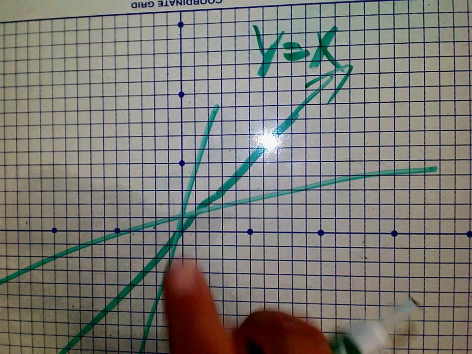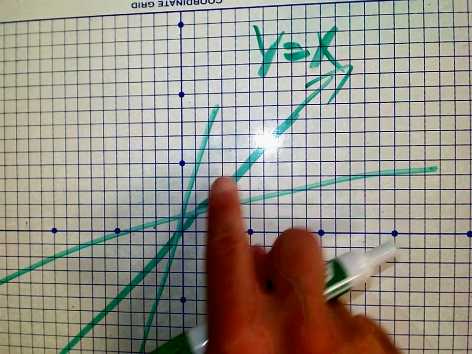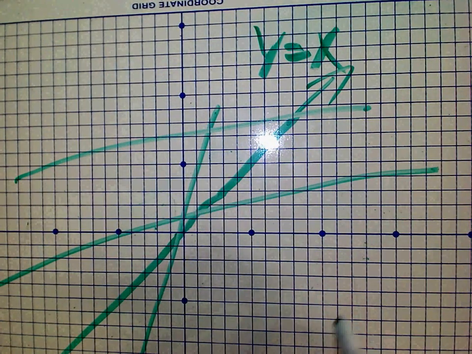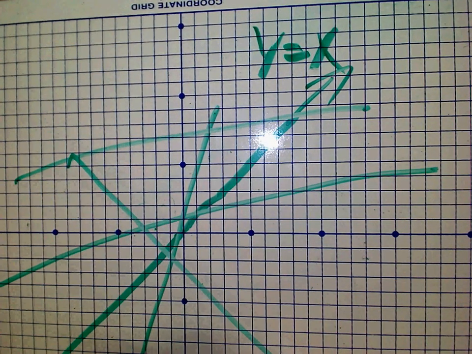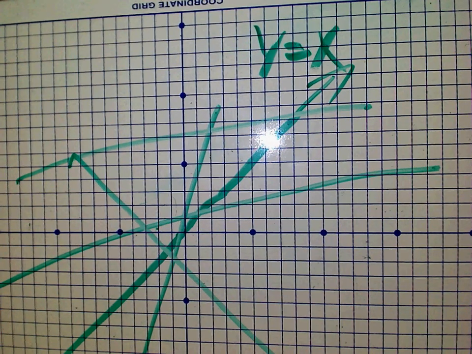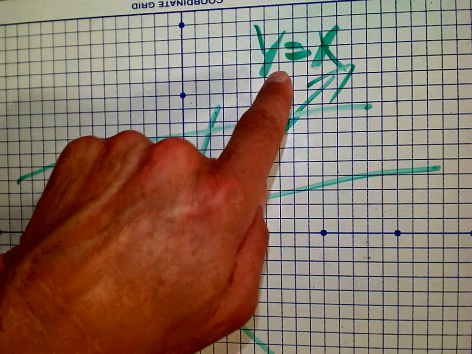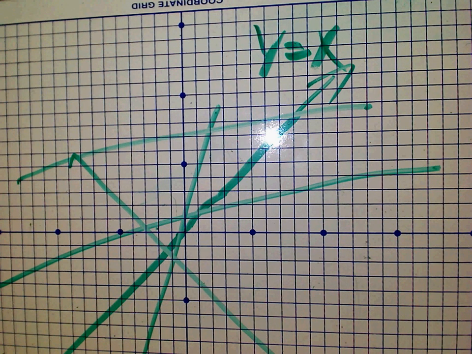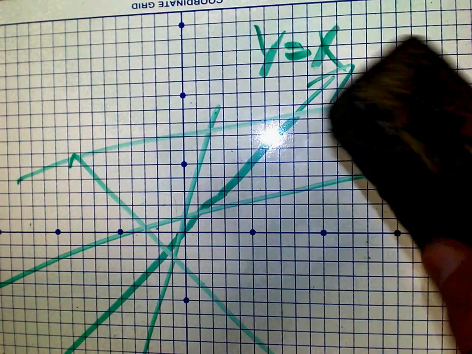And then also, those lines could be raised up. They could go downhill like that, right? There's all kinds of things that could happen based upon adjustments to that original equation. I'm going to erase this now.